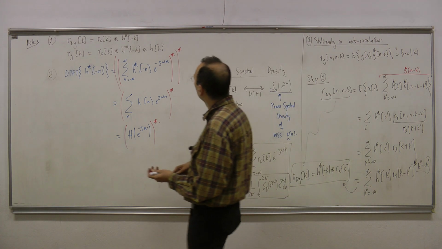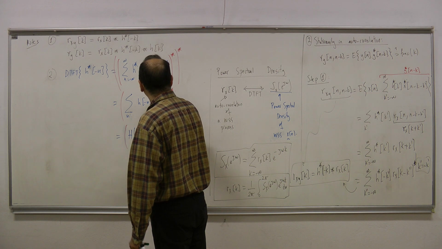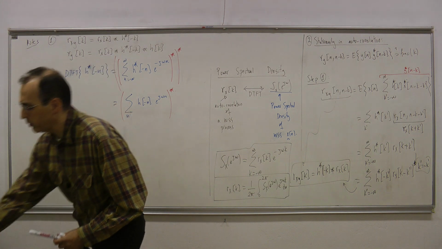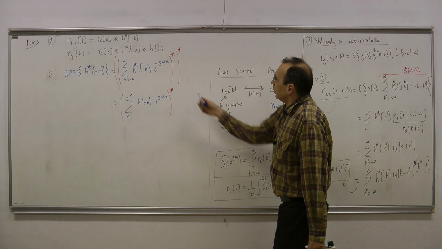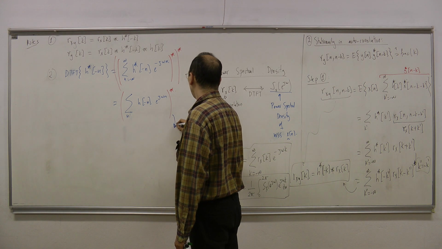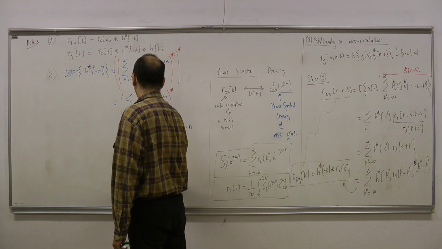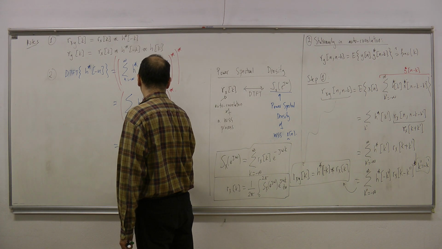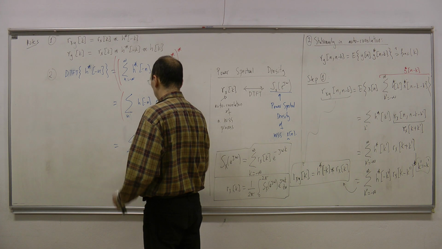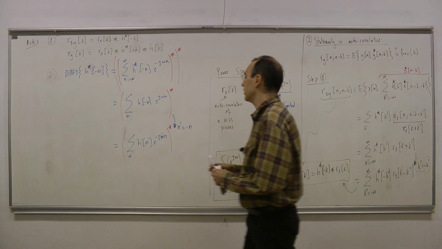Oh, okay. Sorry, I made a mistake at some point. Let me correct this. This is not the result that I want. At the beginning, I forgot to move this minus to the second line. That was the issue. So if I have this minus n, I do the variable change, n prime is equal to minus n, e to the minus j omega n, and this conjugate is always present.